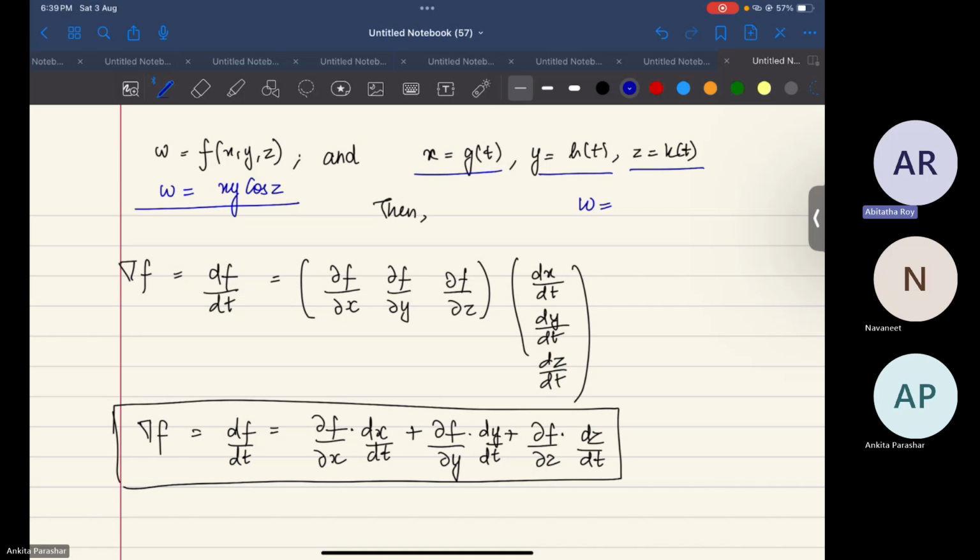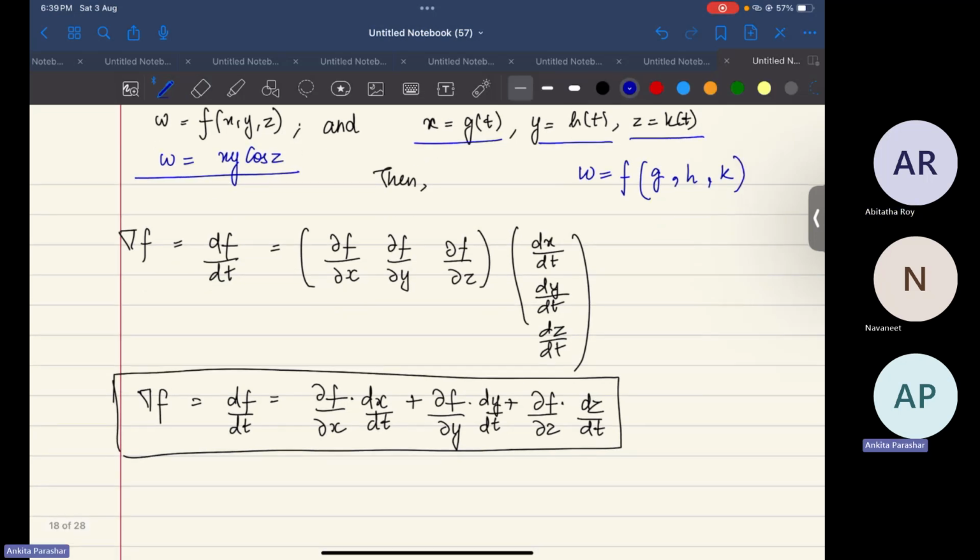So then you will have f composed with (g, h, k). So here you have to say like this.